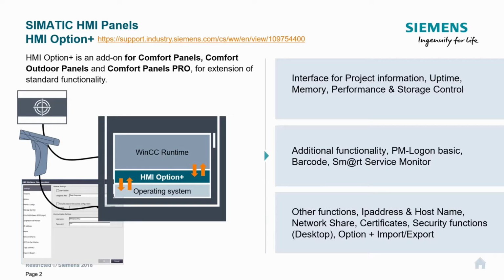The Smart Access is built in with any comfort panel, but what you get with the Option Plus is the ability to have the Smart Service Monitor as well, which gives us the ability to manage the interface of the Smart Service, see who's connected and manage those connections, etc. Lots and lots of other great functions, being able to modify your IP addresses and host names at runtime and things like that.